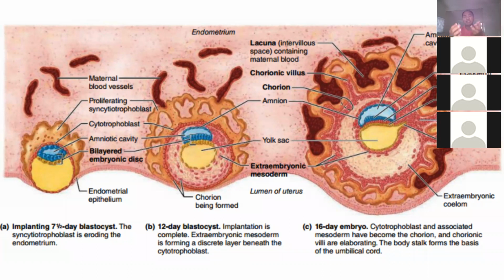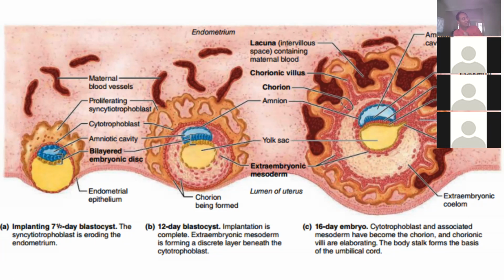We have to thank the syncytiotrophoblast, which went and invaded and found nutrition for this little embryo. So now we can appreciate the proliferating syncytiotrophoblast, which is gradually bigger and bigger, and finally it reached the maternal blood vessels, and now this little embryo blastocyst is going to get nutrition.